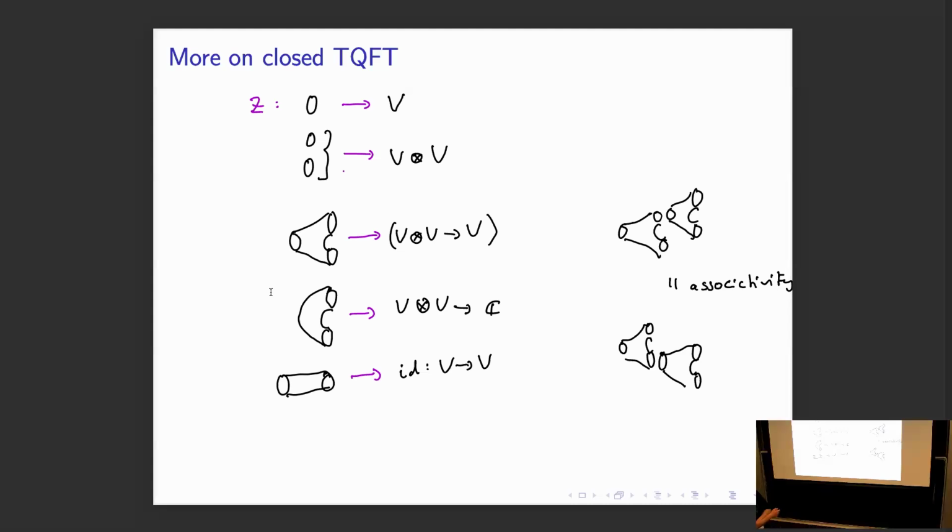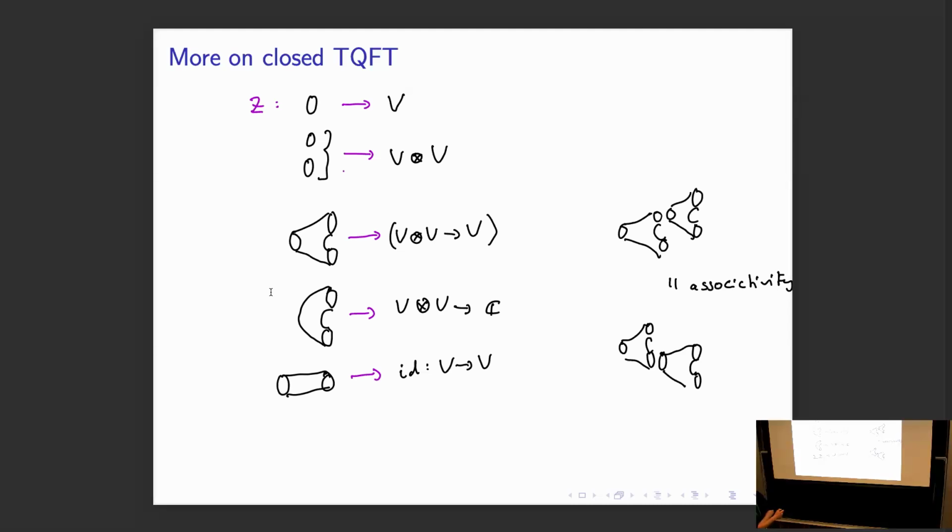And here are some samples of what is going on in two-dimensional TQFT. In particular, you have pairs of pants that you may read as maps from the disjoint union of two circles to one outgoing circle. On the other side, that gives rise to a product that makes the vector space into an algebra.